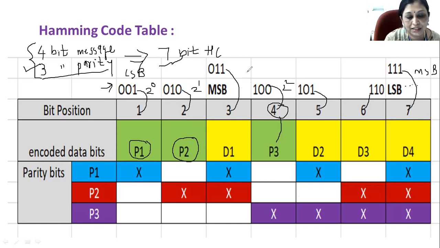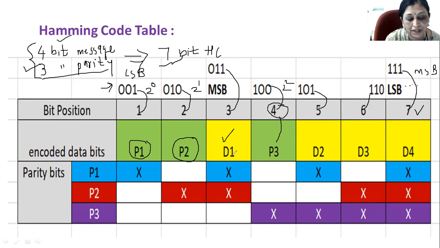So some message is given to you, which is a 4-bit message, and you have to write this 4-bit message in the remaining digit positions, which are shown in yellow color. Here the MSB of the message has to be written at bit position 3, and the LSB has to be written at bit position 7.